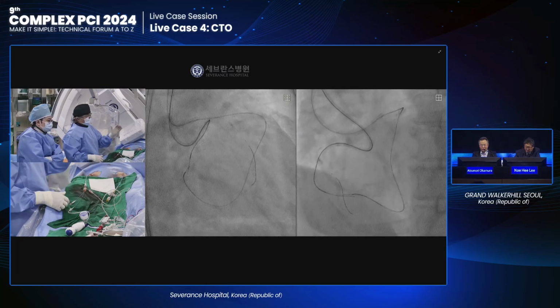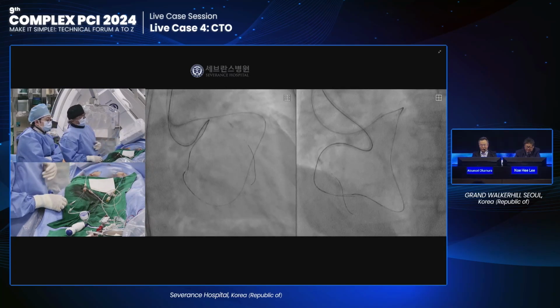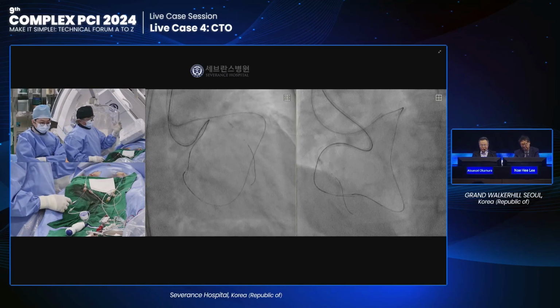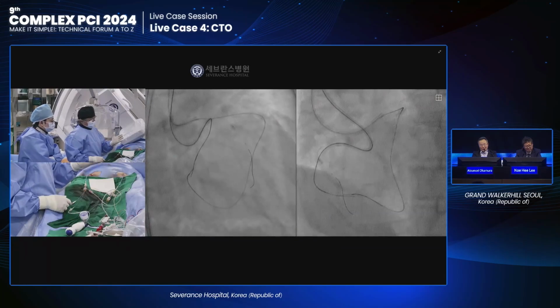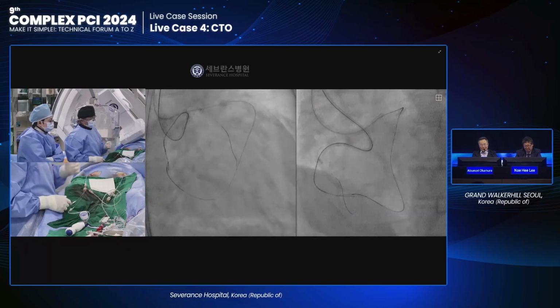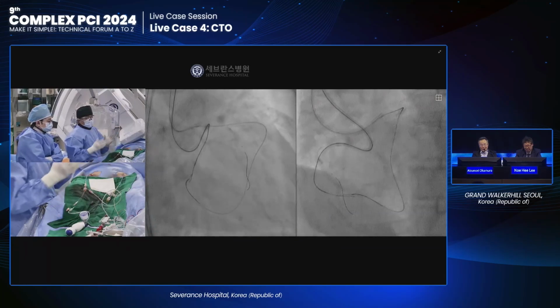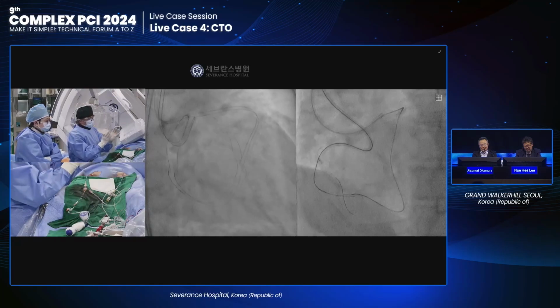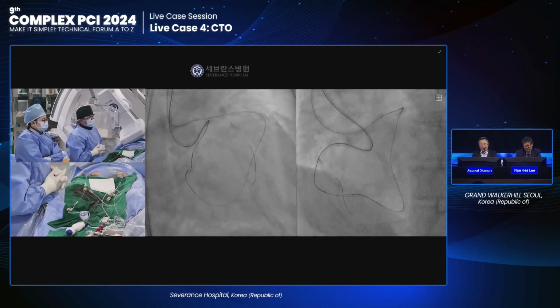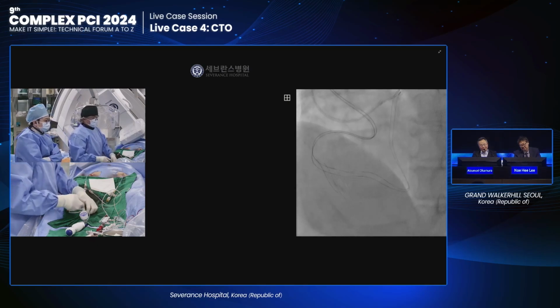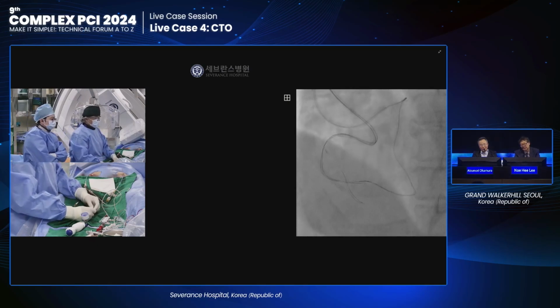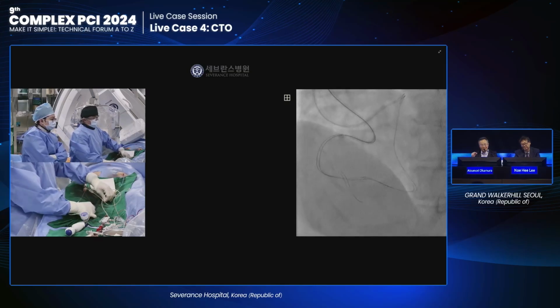What do you think, is the gap between the two wires enough to perform the reverse cut, or should we advance a little more, narrowing the distance between the two wires? I think more advancement of the retrograde guide wire is needed because there is some distance between the antegrade and retrograde guide wires.